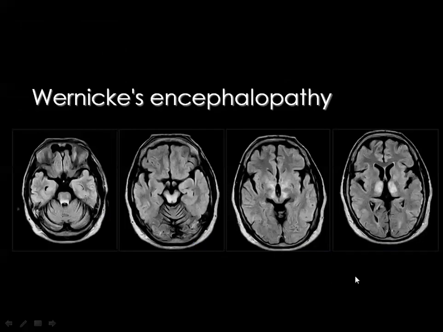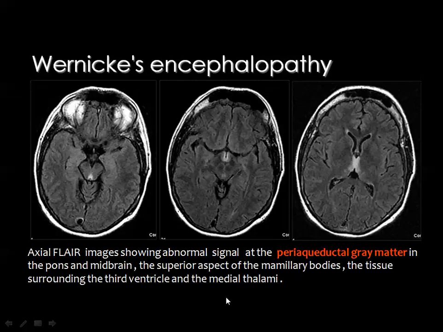Then affection in Wernicke's encephalopathy is almost pathognomonic whenever you see involvement of the mammillary bodies, the periaqueductal area, the posterior part of the midbrain or the tectum, the floor of the third ventricle, and the area around the wall of the third ventricle or the medial part of both thalami.